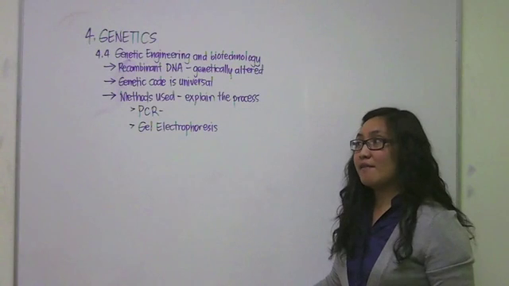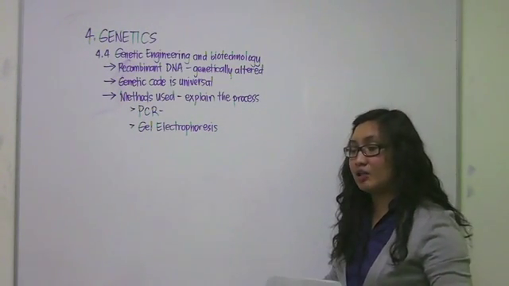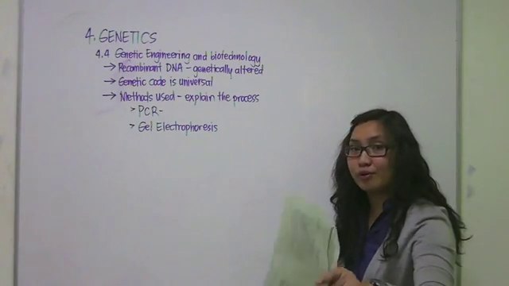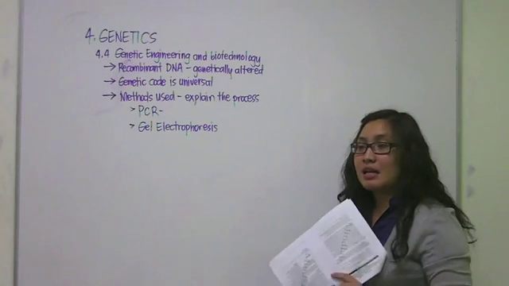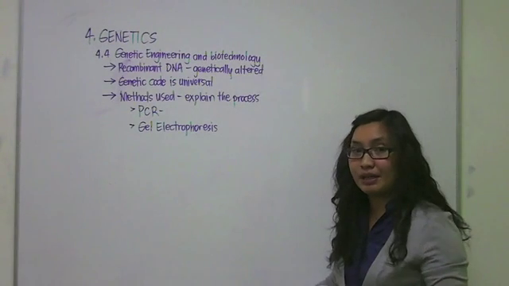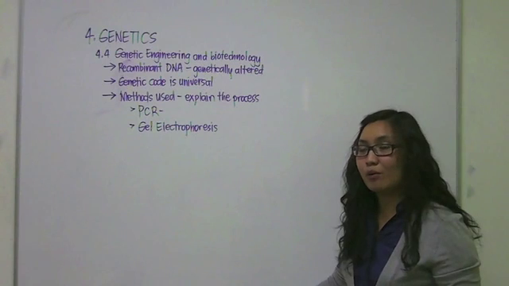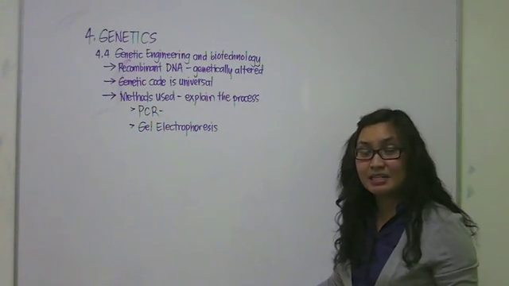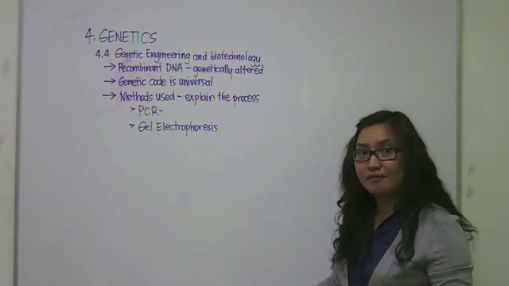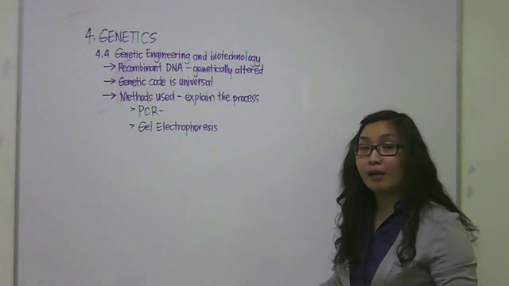Whenever we subject DNA fragments to electrophoresis, or we allow electric current to flow through these DNA fragments, the fragments are going to separate. In this way, we are able to see the similarities and differences between the DNA samples that we are comparing with each other.